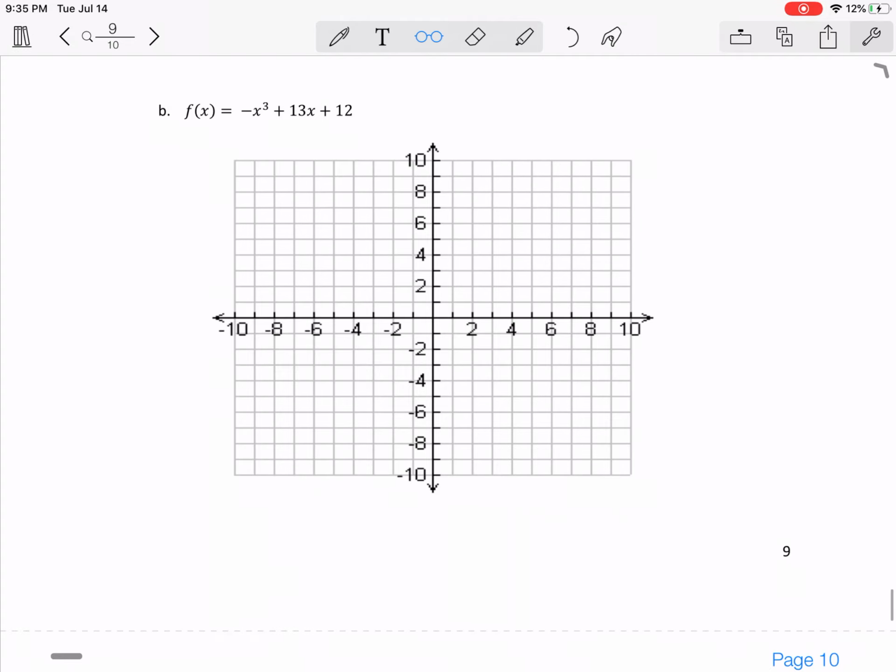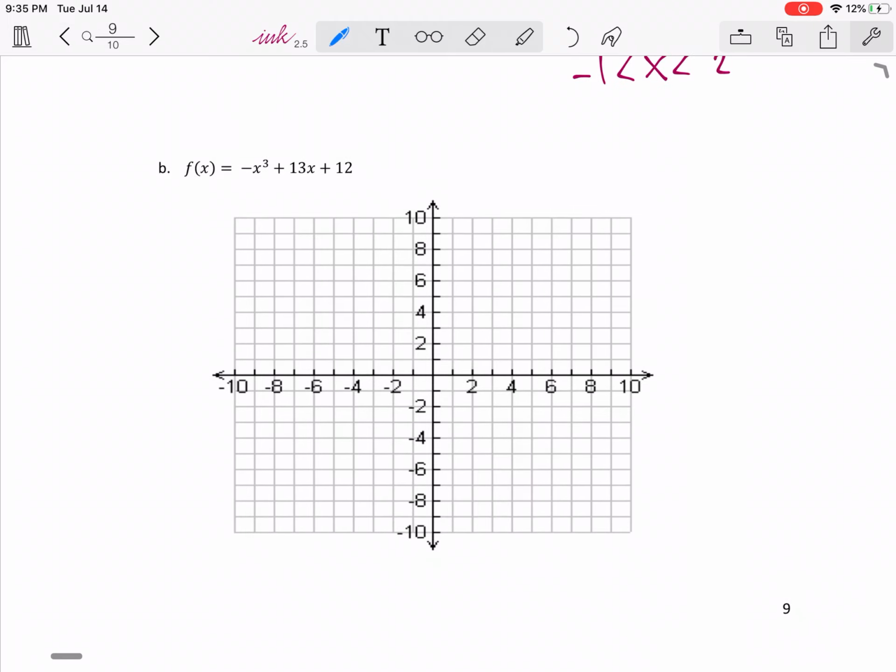Example for B. Now this one, you notice, is not in the same form, and so this doesn't give you the information that you got from part A. So what you have to do, and I've already shown you how to do this, is factor. Remember, the first thing we did is look at the constant term, 12.